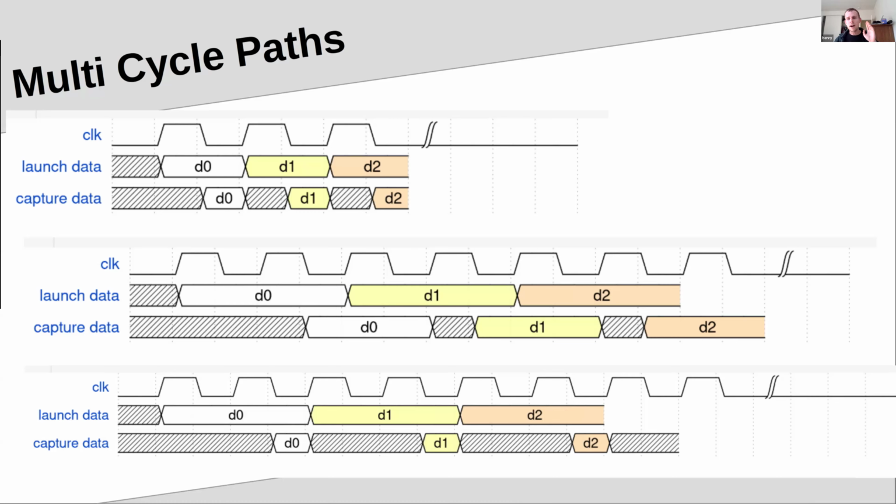Well, now the MCP is requiring that that hold be 1 full cycle plus what it was before. So now our hold requirement is 1050 picoseconds, right? 1 clock period plus the original hold requirement. And so we've taken this minimum delay propagation requirement from 50 picoseconds to 1050 picoseconds, which is a huge jump.